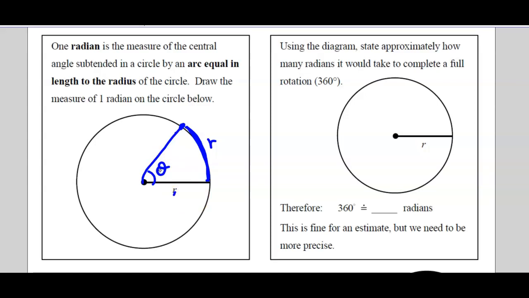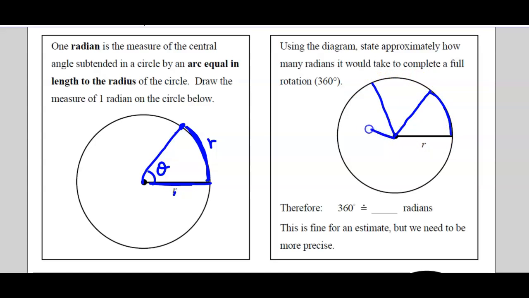That's approximate. I've just eyeballed it, that this radius here is about the same as this. Then, using the diagram, state approximately how many radians it would take to complete a full rotation. This is a very similar circle. If I draw that out, approximately, that one I'm a little short on, where that arc here is about the same as the radius.